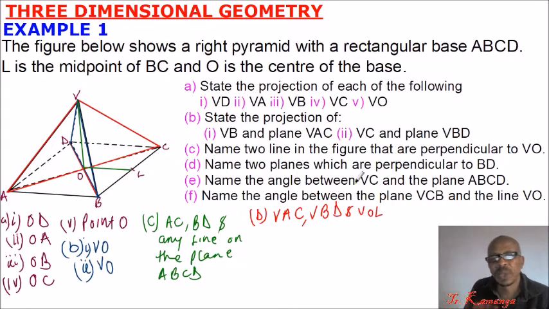Those are the planes which are perpendicular to BD. Okay, let's clear the diagram.